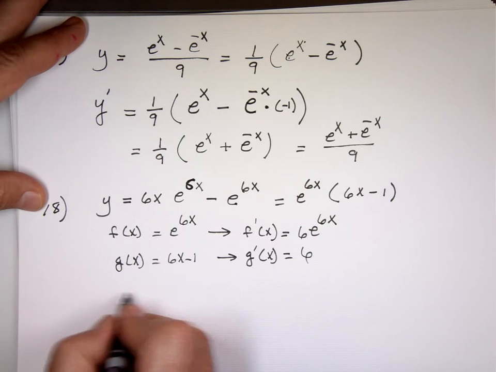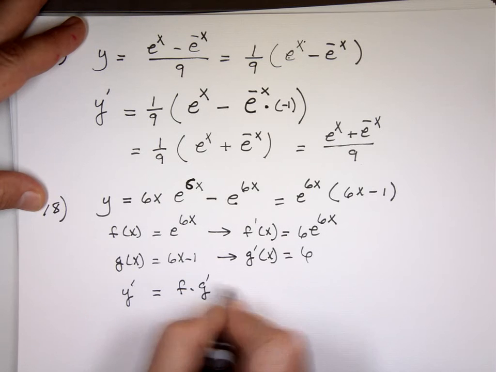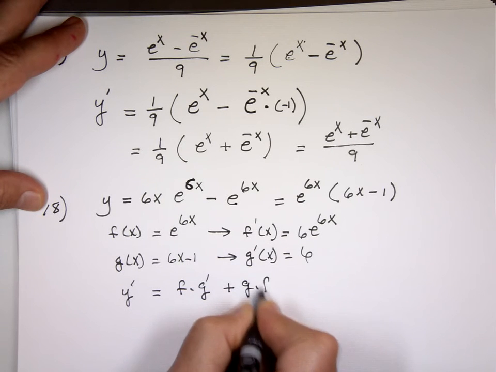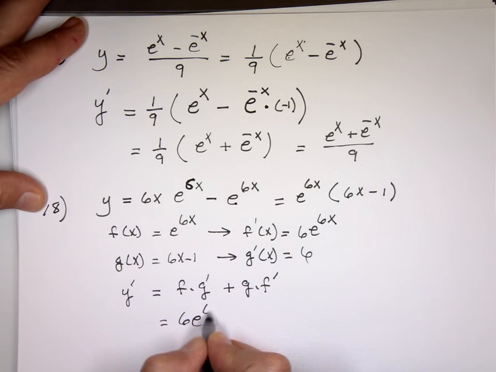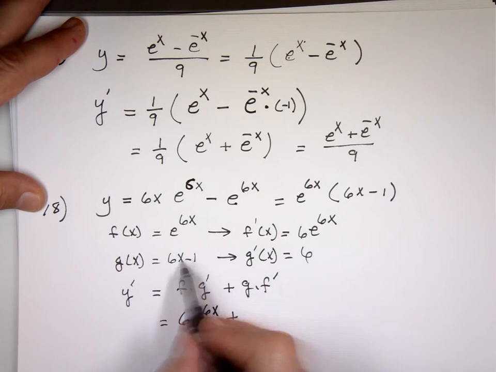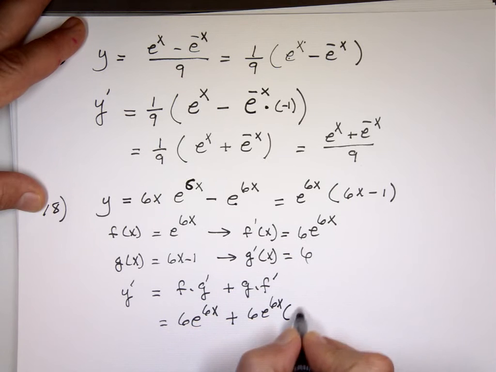Again, y sub prime, it's f times g sub prime plus g times f prime. F is e to the 6x times 6. That'll be 6 e to the 6x plus g times f prime. I can take the 6 out, or 6 e to the 6x times 6x minus 1.